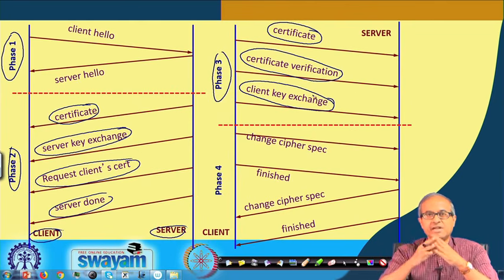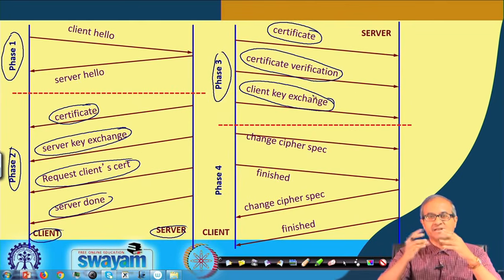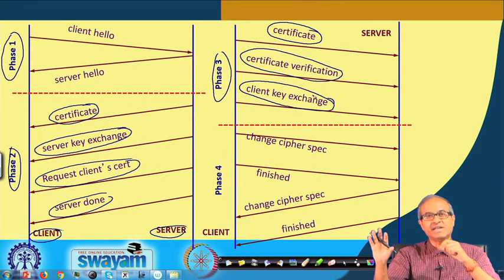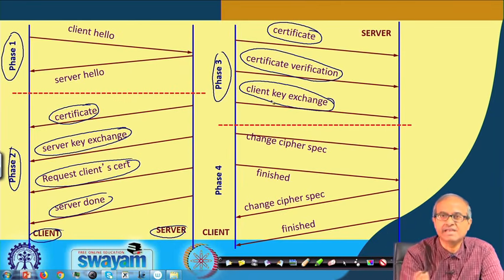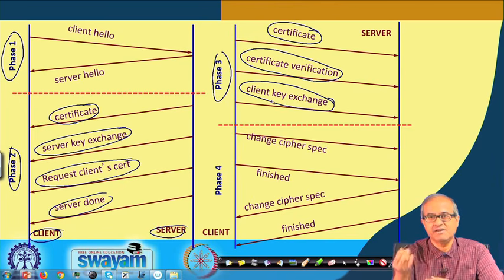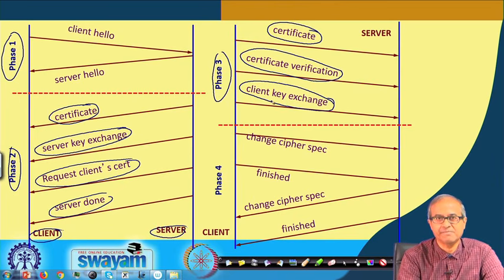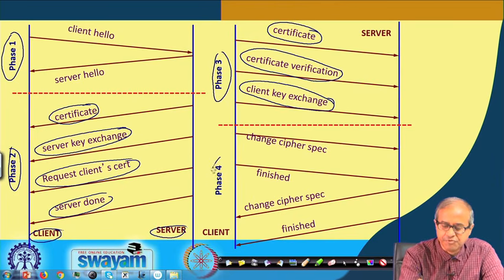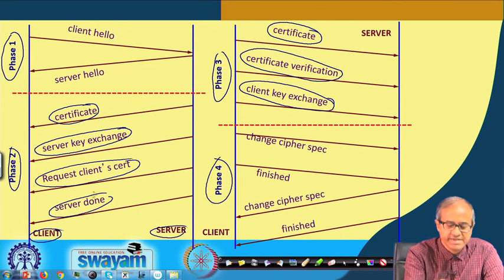Now, see both the parties have exchanged their certificates. Now, they can encrypt a key using their own public key and send to the other side can decrypt using their private key, right. Now, this client can send the key to be used for encrypting the data, and in the phase 4 all these details about the algorithms were sent.